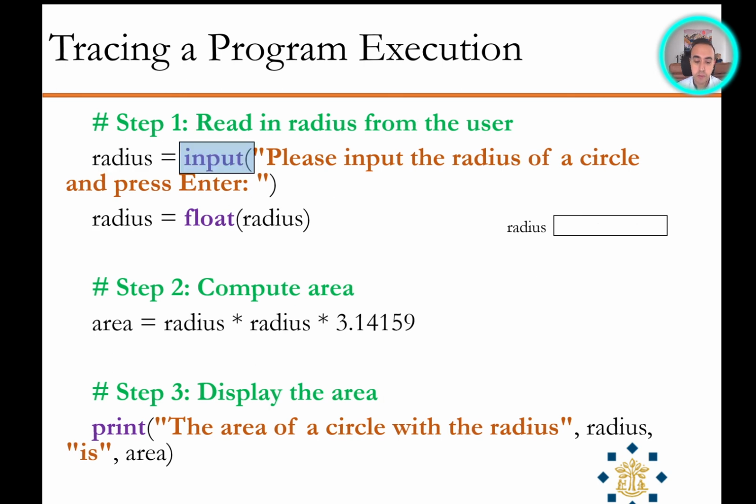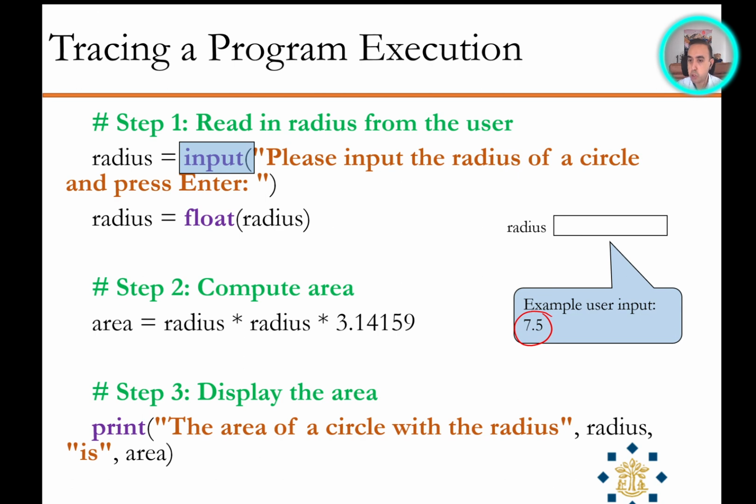And then it first looks at the left-hand side, and then it goes to the right-hand side, and then it opens up the input that we are seeing here. So please input the radius, and then assume that the user inputs 7.5. So we did 10.